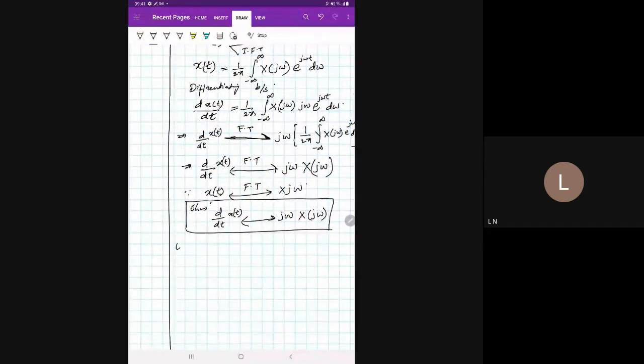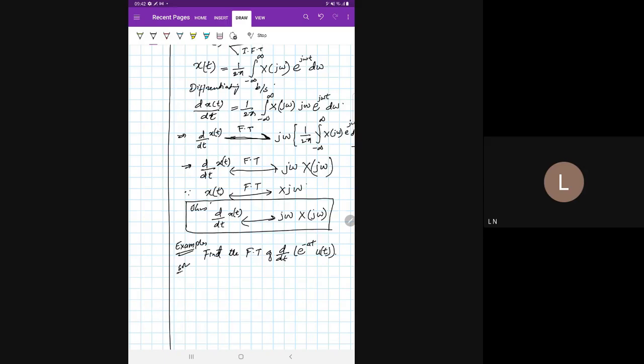Now, let us solve an example. Say, for example, find the Fourier transform of d by dt of e raised to power minus at u of t. We have to find the Fourier transform of the differentiation of e raised to power minus at u of t.